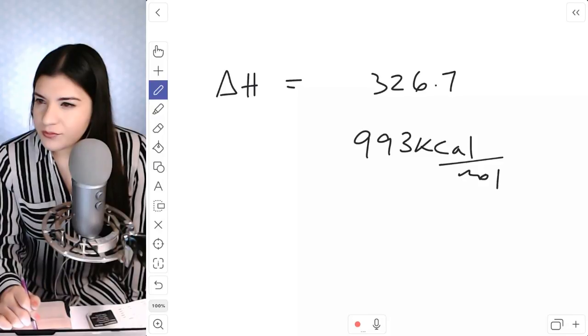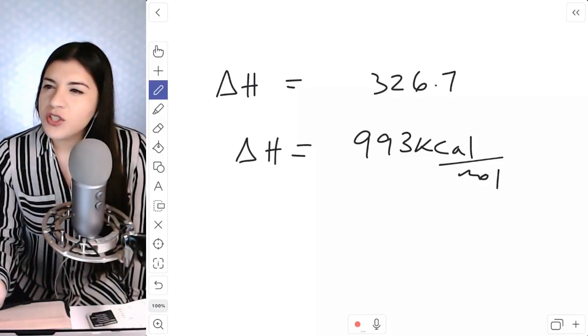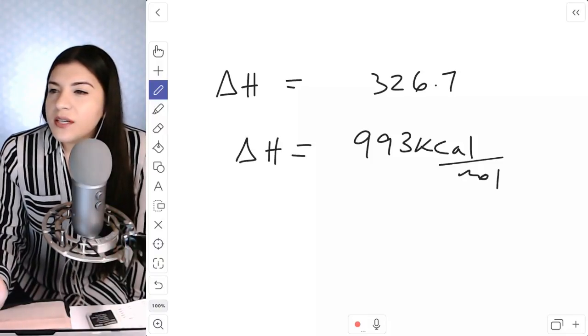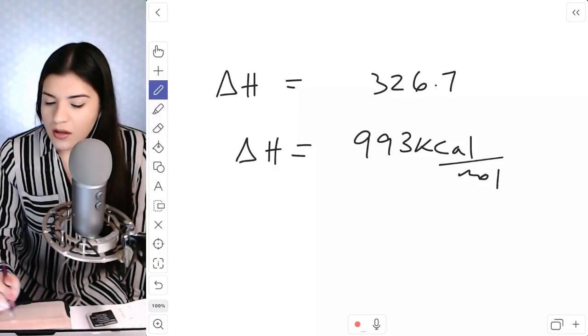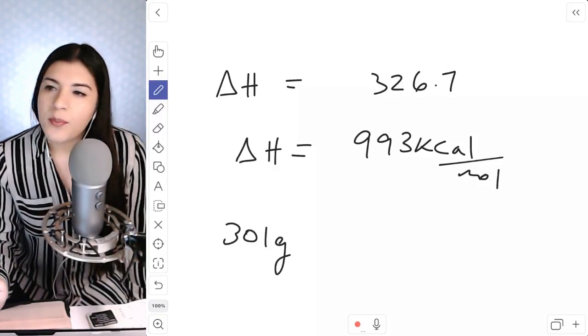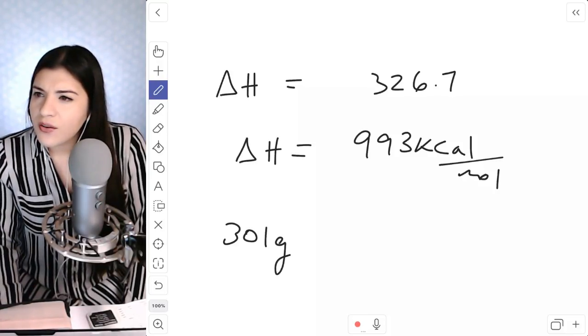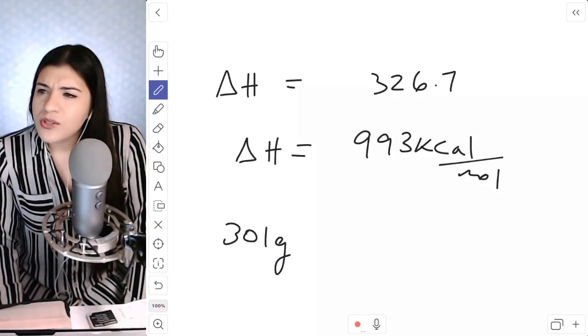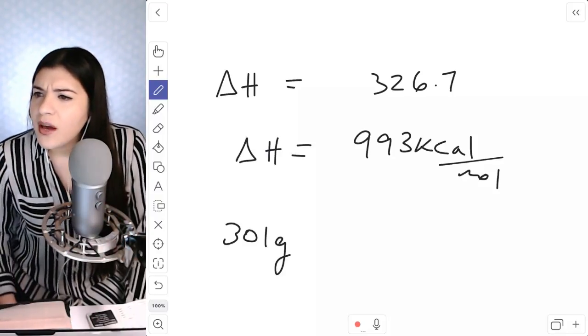And that's also, I believe, our heat of combustion, or enthalpy. How much energy is released during the complete combustion of 301 grams of 2-methylpentane? So the heat of combustion of our ethanol is that. We're given 2-methylpentane is that amount. How much energy is released? And there's a part 2 to this question.